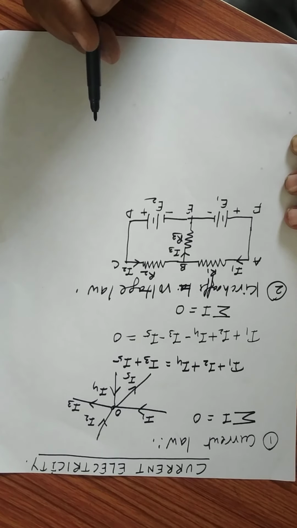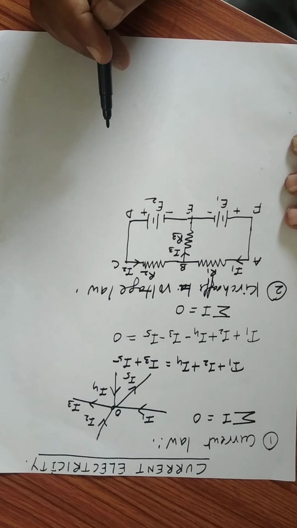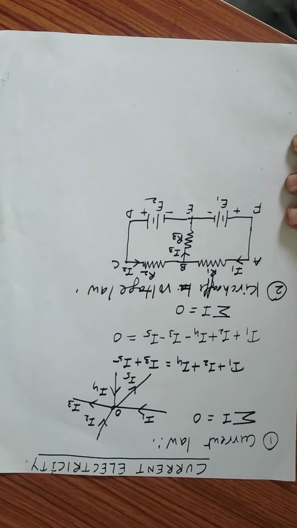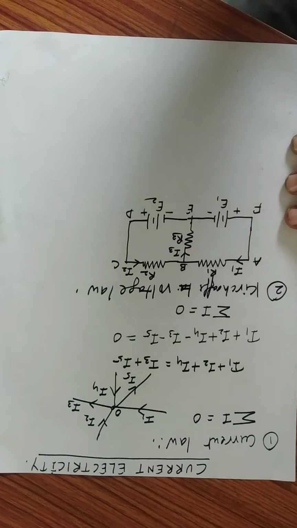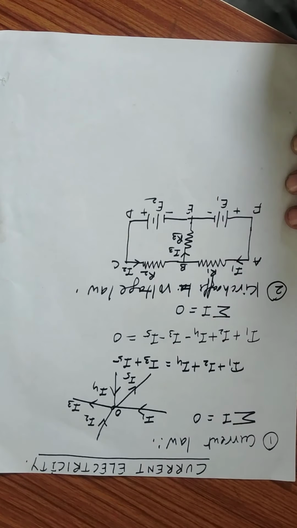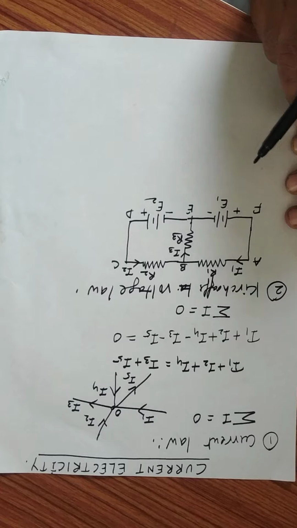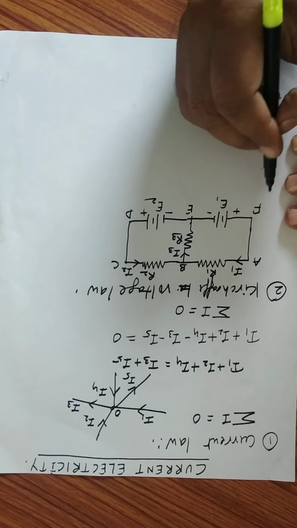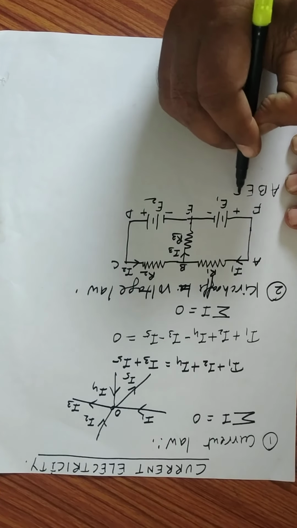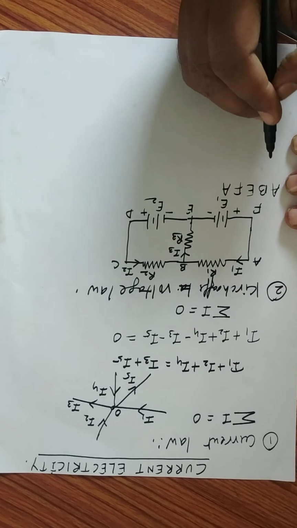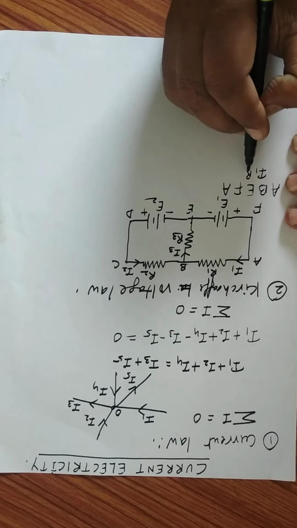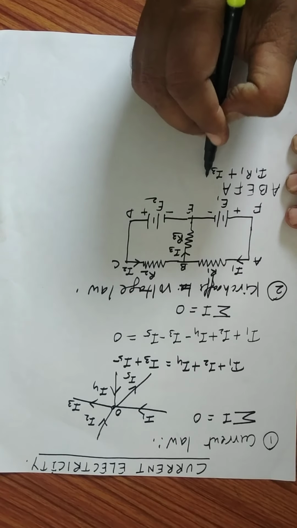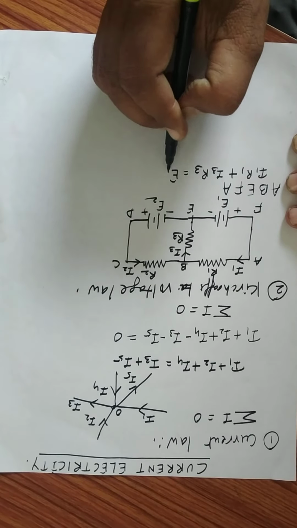Now here, if you consider the loop A, B, E, F, A and apply the voltage law, then according to the law, I1 R1 plus I3 R3 is equal to E1.